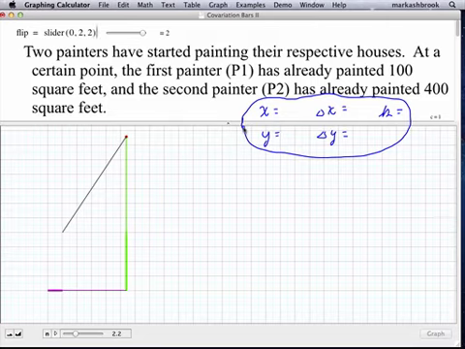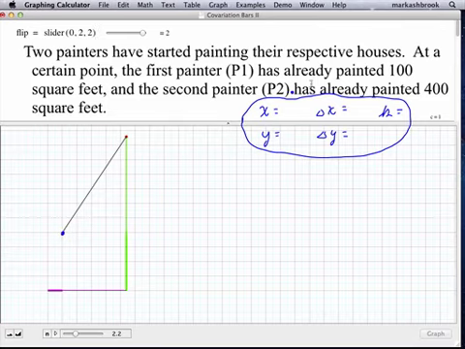Will. You would say that point would be 0 for painter 1, at the same y, 150. So at painter 1's starting point. If we know that when x is 100, y is 400, what delta x are we interested in?